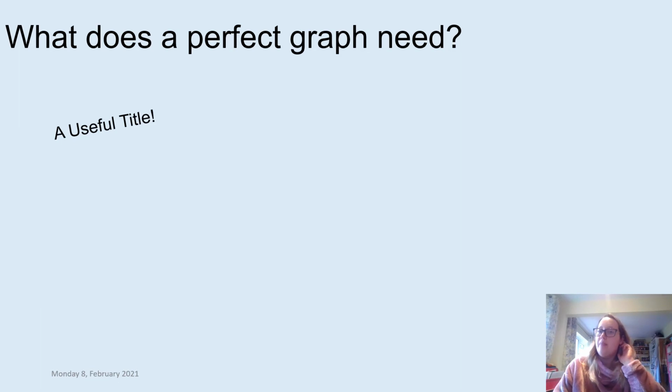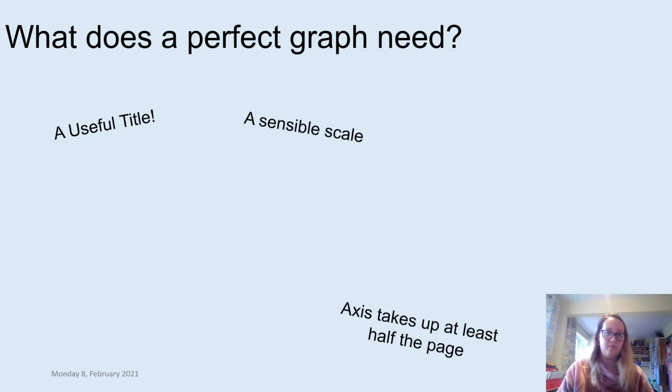So what does a perfect graph need then? So you need to have a useful title, a sensible scale. The axis has to take up at least half of the page, because otherwise you are really squinting to see that data and to see that graph. You need to have labelled axes, both the x and the y axis need to be labelled. You need to have units on each axis and also in the title if applicable.